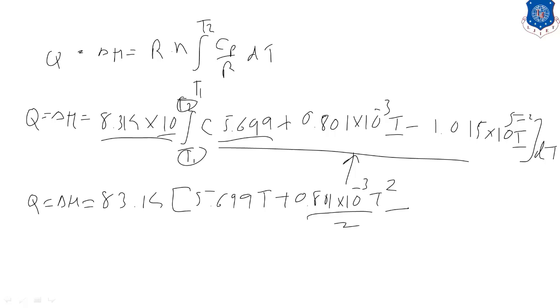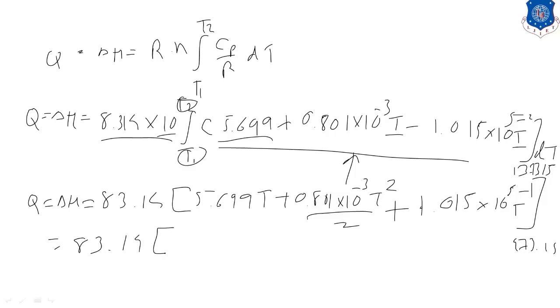So minus 1 and minus becomes plus, so this term becomes plus 1.015 multiplied by 10 raised to 5 T raised to minus 1, upper limit minus lower limit. So lower limit which is 473.15 and upper limit which is 1373.15.